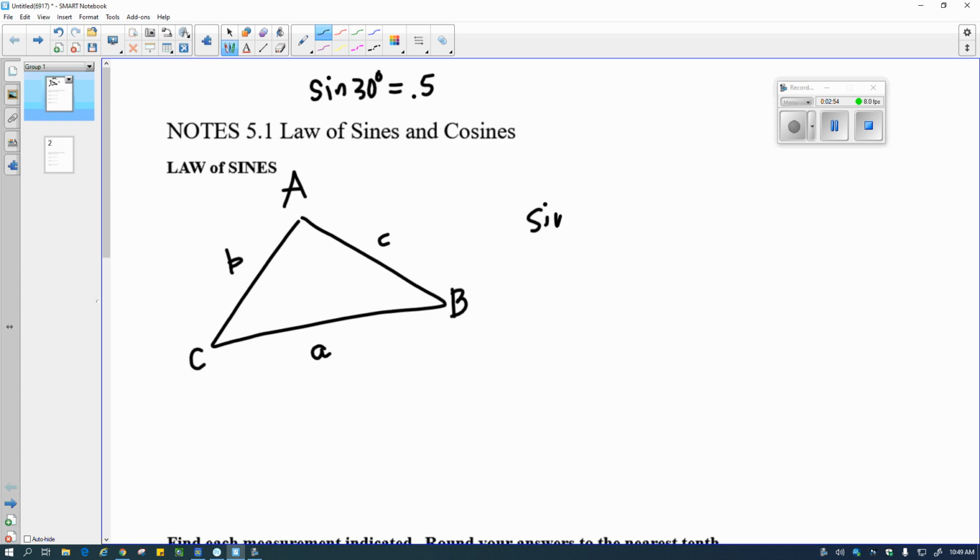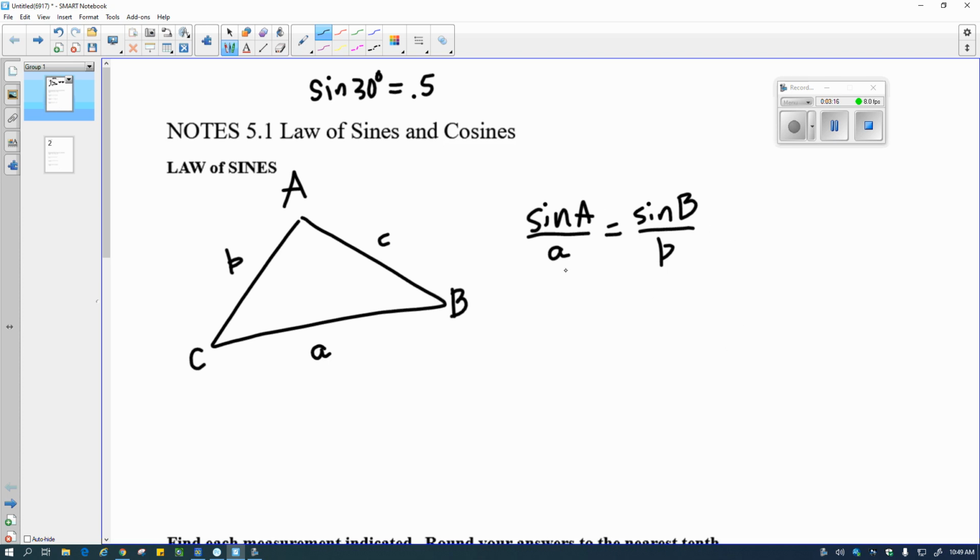The sine of an angle over its opposite side forms a ratio, and that ratio of sine of angle to side is equivalent all the way around to all the other angle-to-side ratios.